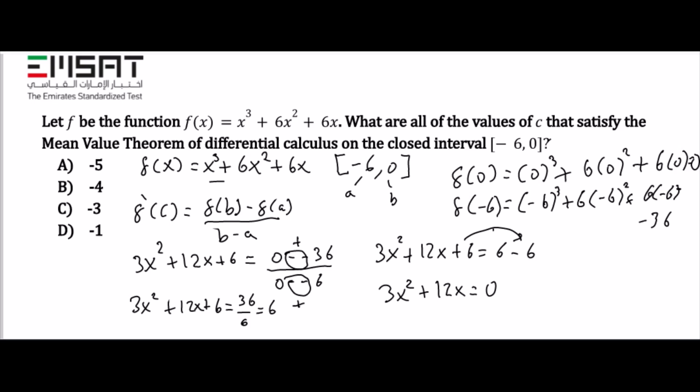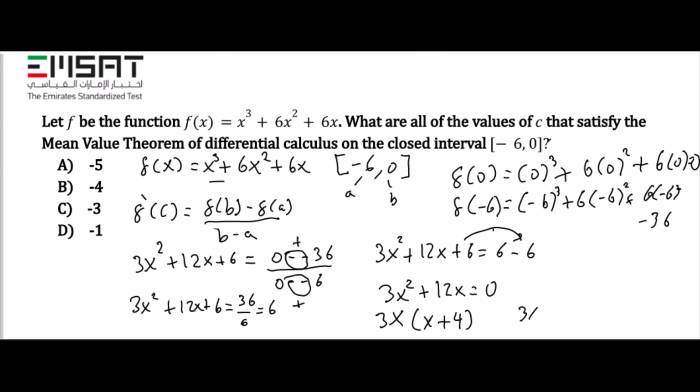We have a common factor of 3x, so 3x outside the bracket, then in the bracket, x plus 4, because 3x multiplied by x gives us 3x squared, and 3x multiplied by 4 gives us 12x. So now we solve for each one.